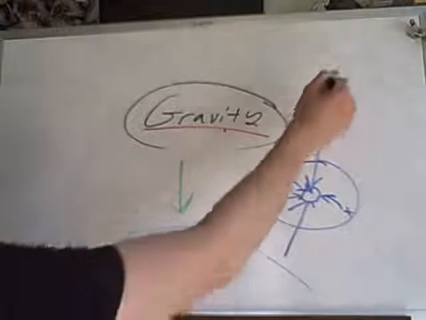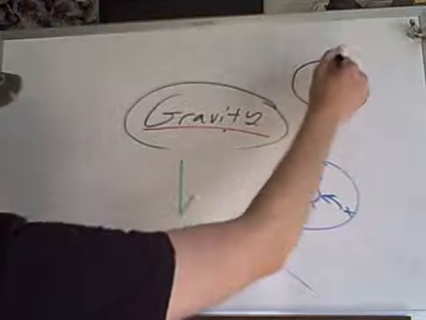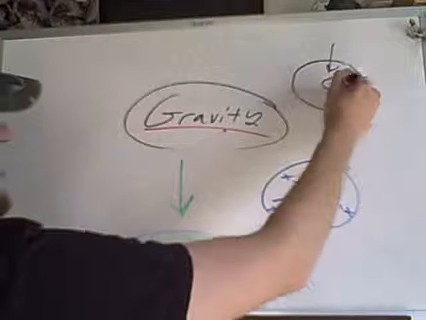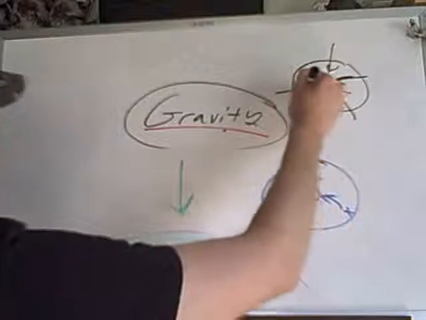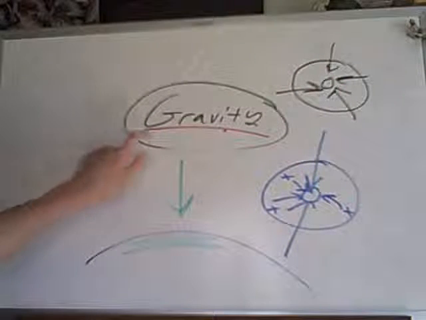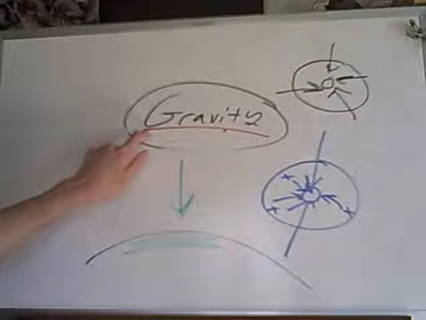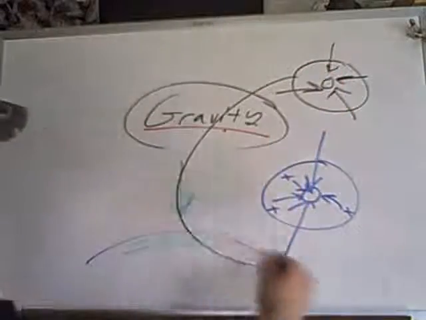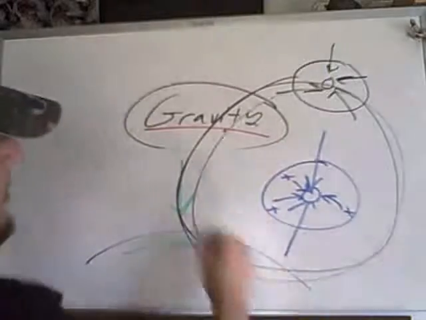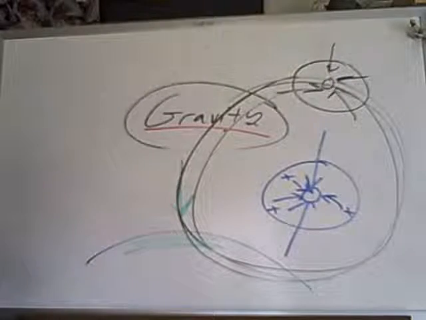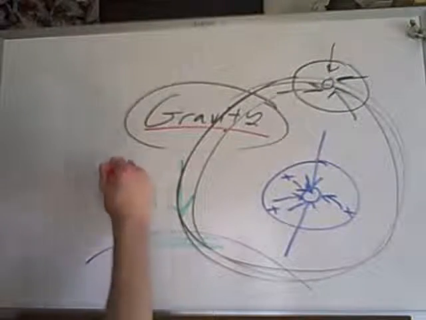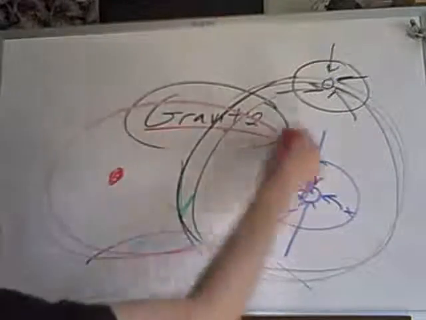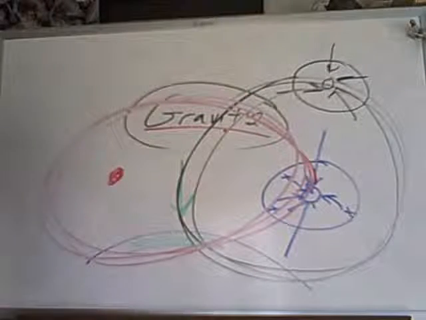And the same is true with the moon. Anything dropped on the moon will try to go to the center. And it is the force of gravity that makes everything rotate around each other. So that moon rotating around us, and then we are rotating around the sun. Does that make sense?